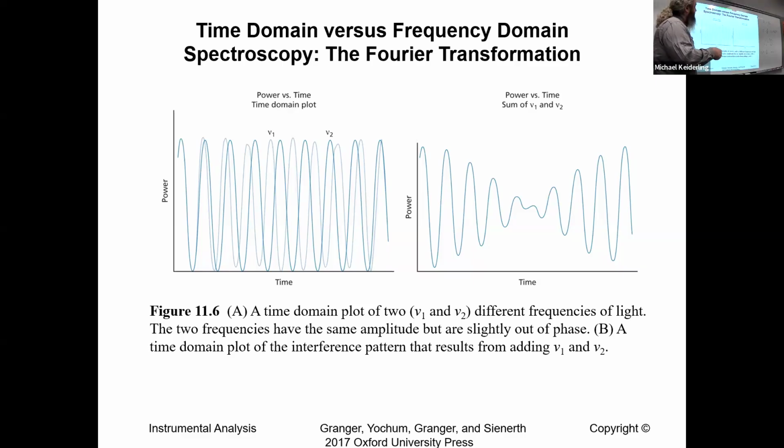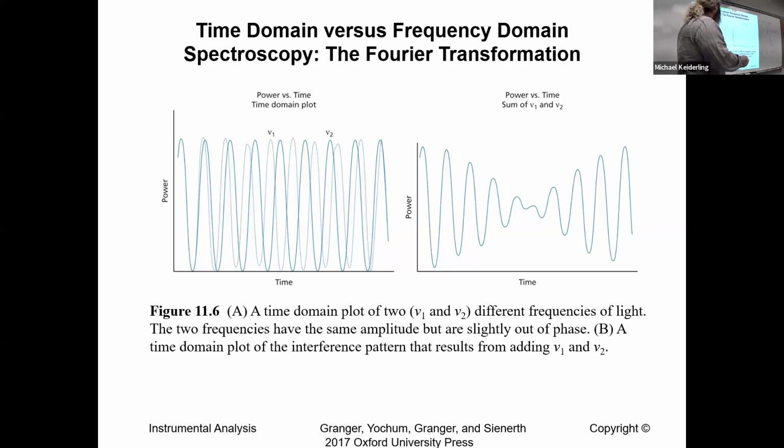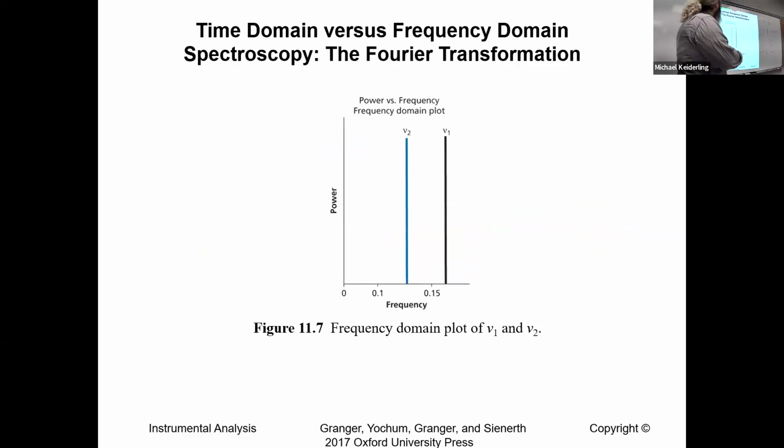And this is the time domain plot you get of the interference pattern. Now, if you can record this time domain information, you can use the Fourier transform to extract the frequency information. So there's a mathematical technique that allows you to go from this to the frequency plot of these two frequencies.